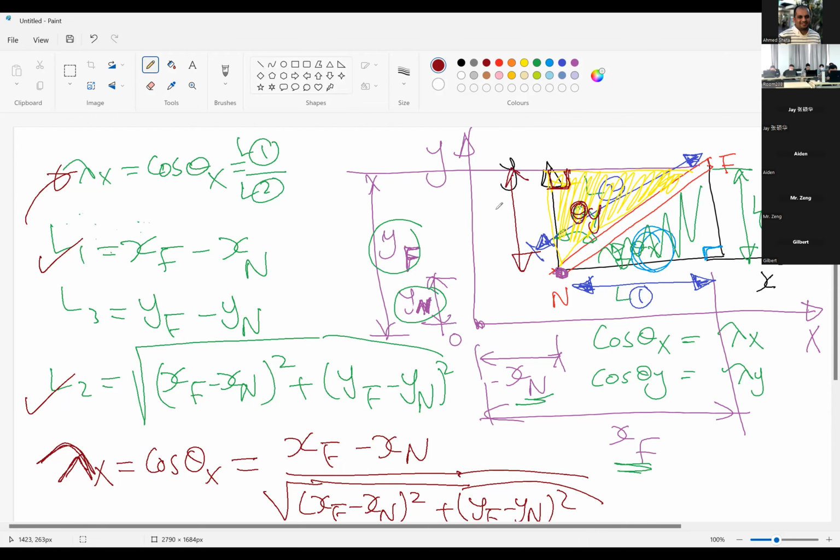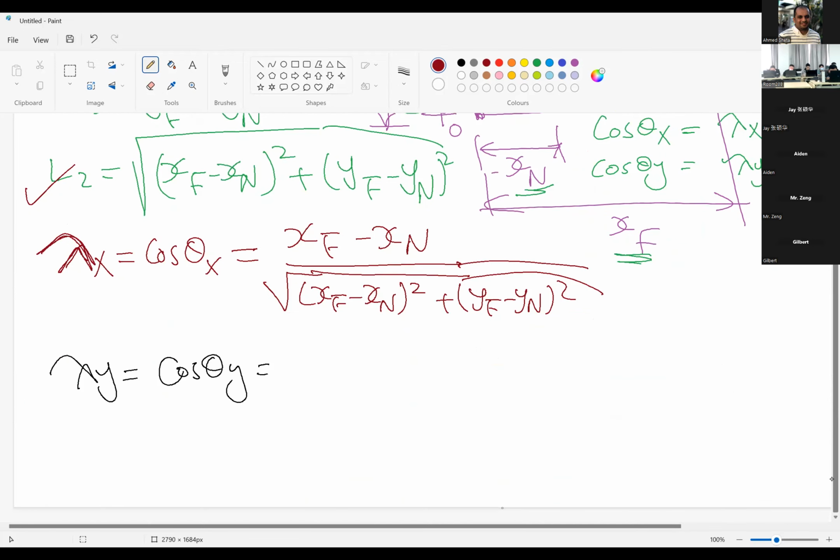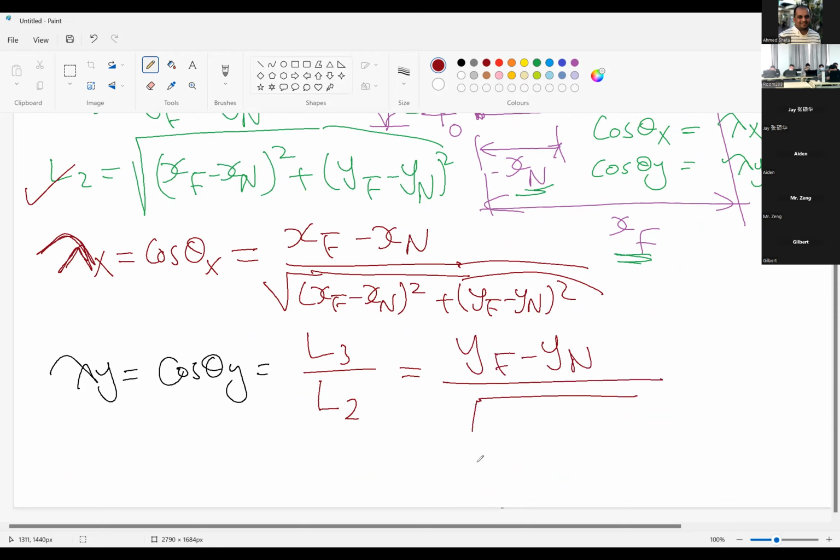We have this element, which is L3, and this element is L2. So cosine theta y will be L3 divided by L2. L3 is yf minus yn, divided by the root of xf minus xn squared plus yf minus yn squared.